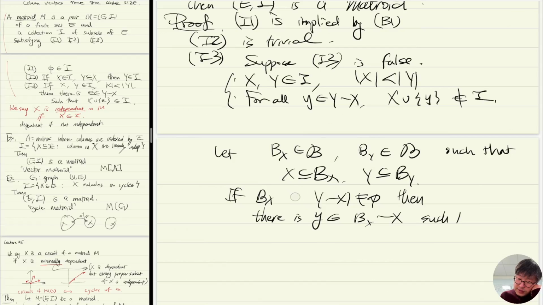Okay, so I don't have to say, oh yeah, let me still say, oh yes, bx intersection y minus x, and this implies that x union y is independent.